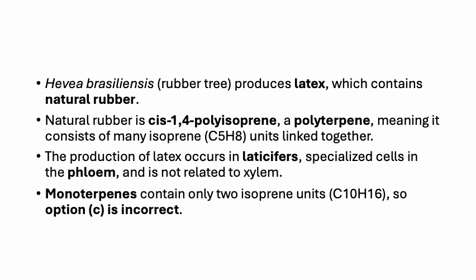Okay, and one more thing is, if we look at monoterpenes, they contain only two isoprene units. The chemical formula for monoterpene is C10H16. So with that, we'll be able to say that option C is incorrect.